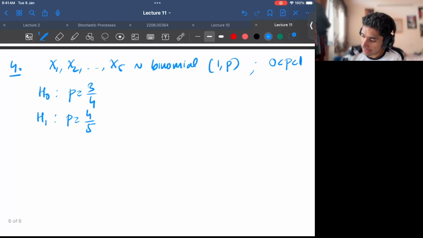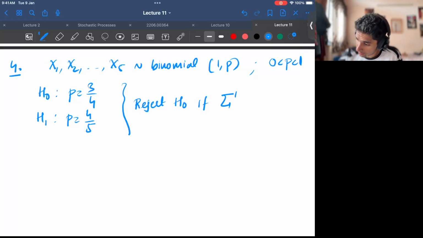Okay, and the test here is reject H naught if the summation of xi, i goes from 1 to 5, is greater than 3. Then you can reject H naught, is what it is saying.